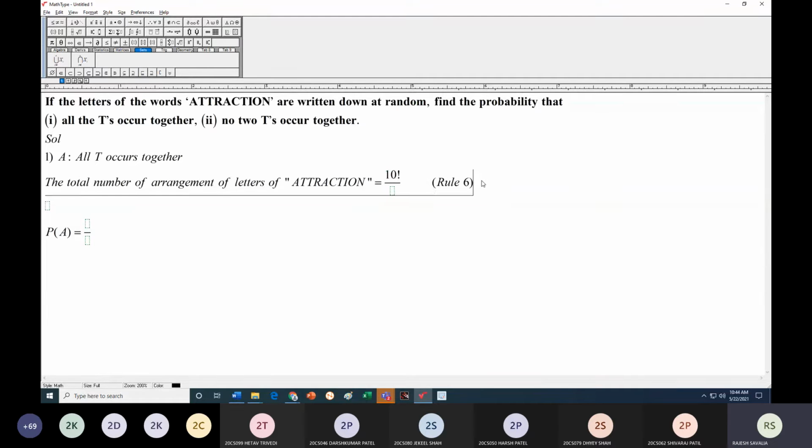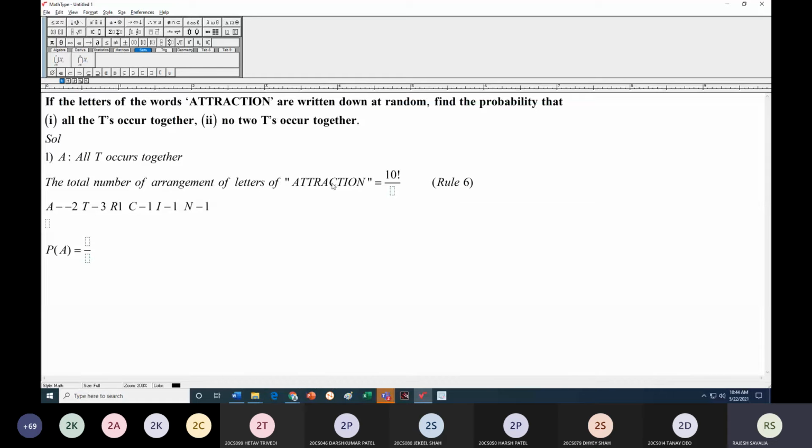Denominator. For the denominator we have to count how many times each letter occurs. A occurs 2 times. Next, T occurs 3 times. R occurs 1 time. C occurs 1 time. I occurs 1 time.